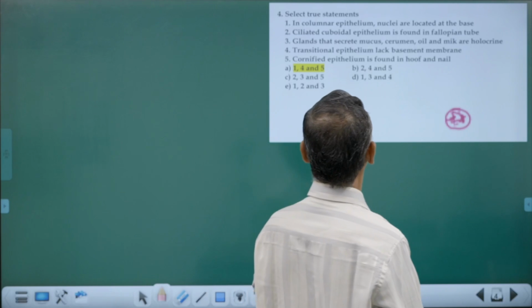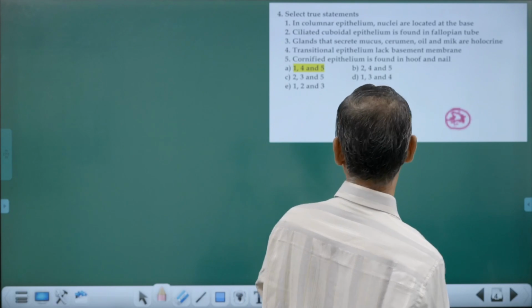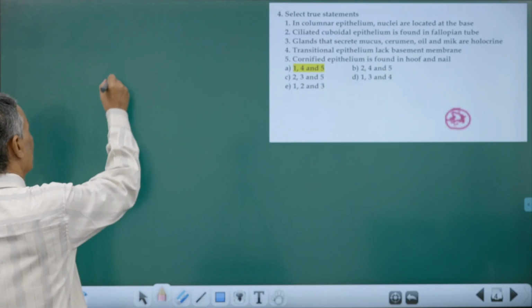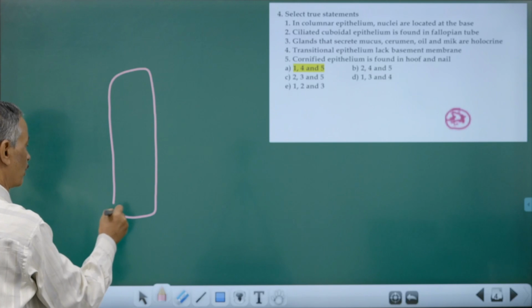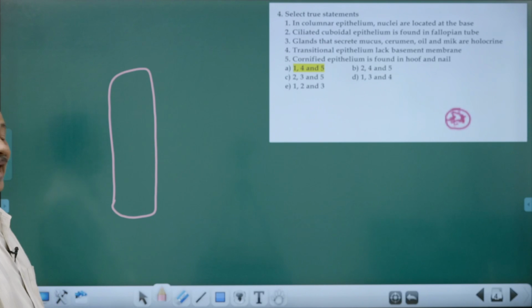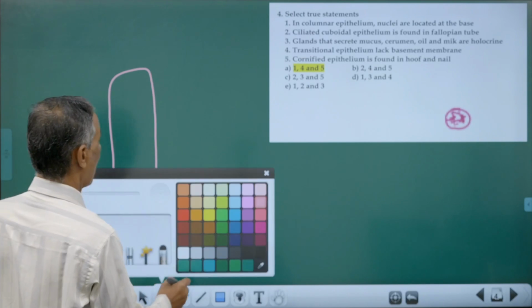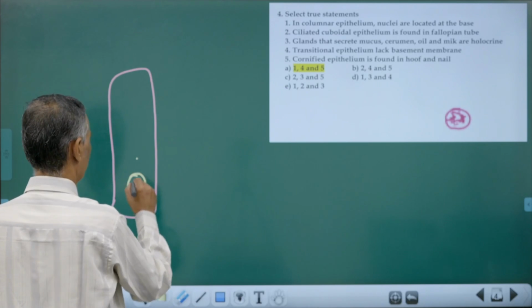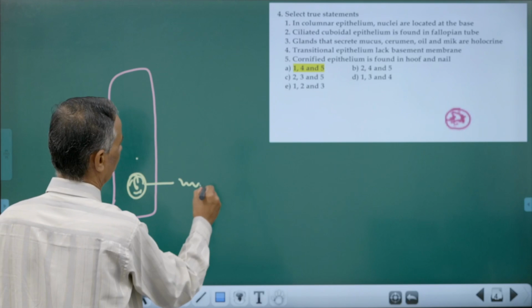Select the true statement. In columnar epithelium, what is columnar epithelium? An epithelium where cells are tall and cylindrical. Okay, and the nucleus will be at the base.